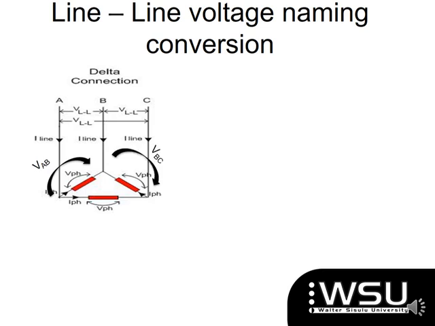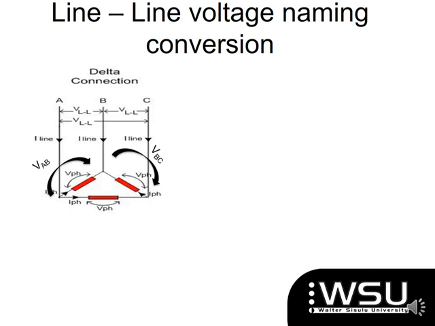Then looking at your VBC, the voltage is coming from phase B going towards phase C as per the arrow that I've just drawn. Don't be confused by the arrows looking on both sides, which are just showing your phase voltages as well. The arrows I want you to look at are the thick black ones, where I've written the name of the voltage above the arrow.